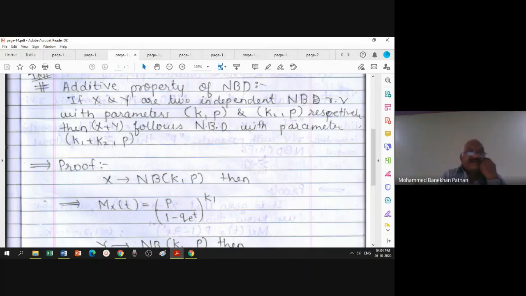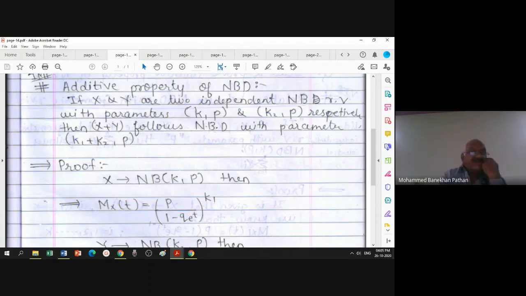Then if I add these two situations together, what will happen? The statement says that if you add these two situations together, that also follows NBD. And what is the respective parameter? K1 plus K2, P. That means only the first parameter is added, the second parameter continues as it is.